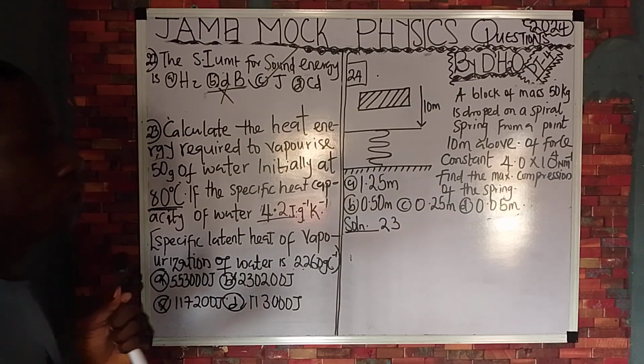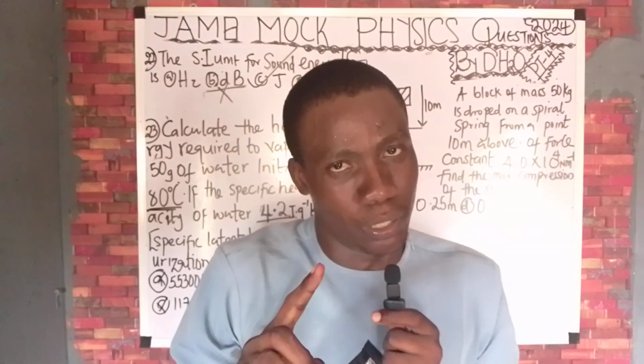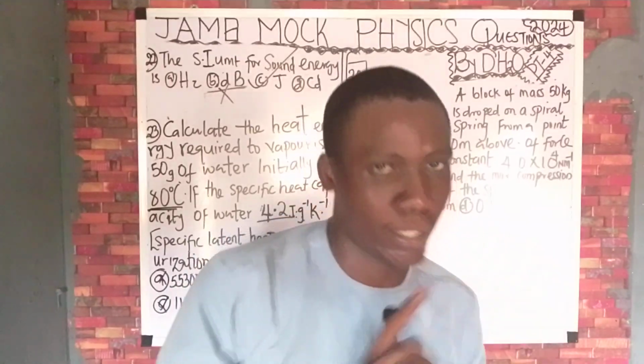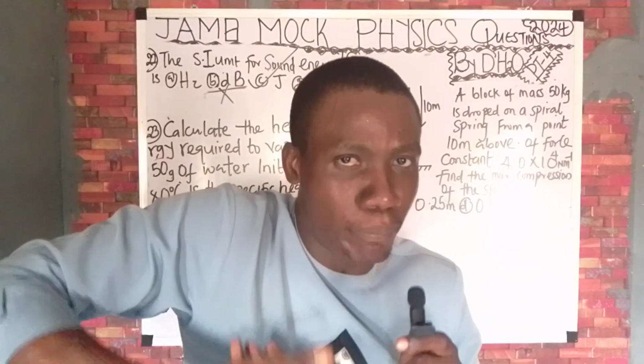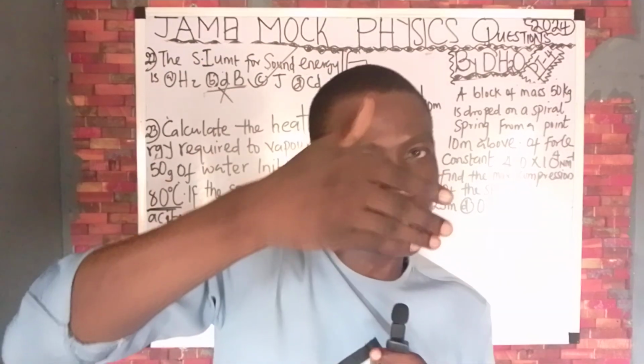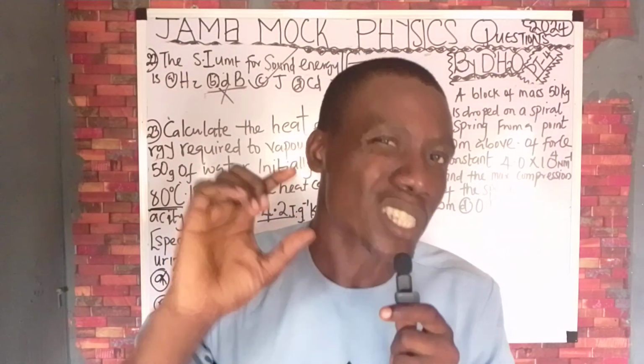Very easy. Remember, the quantity of heat needed to raise the temperature of a body is called thermal heat. The heat needed to raise temperature from 80 to 100 or from 20 to 40 degrees Celsius is called thermal heat.